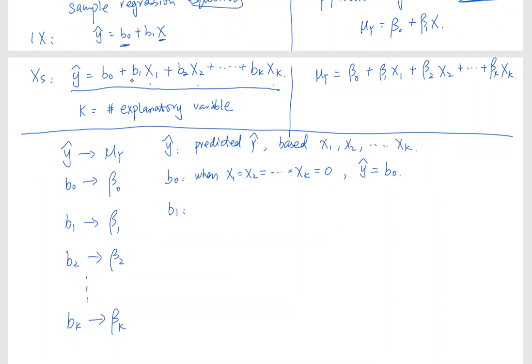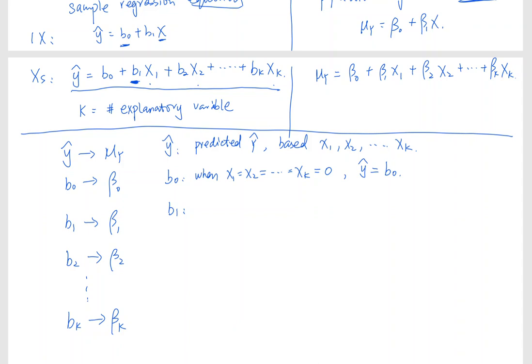We say B1 is kind of the slope for x1, but actually it is not the real slope, right? We have all other terms. So how can you interpret B1? Does that mean that when x1 increases by 1, the y will increase by B1?